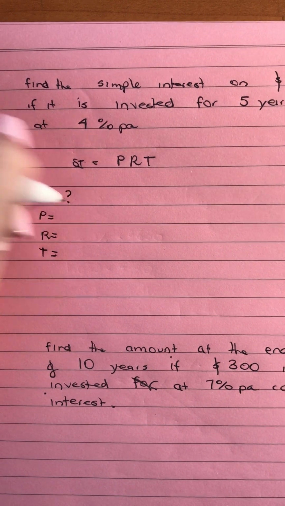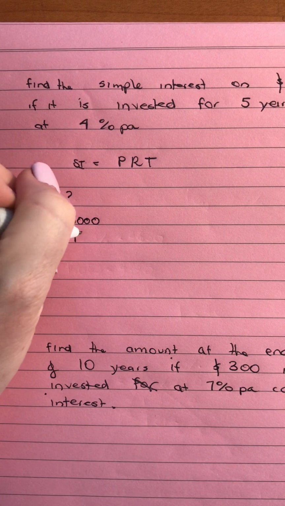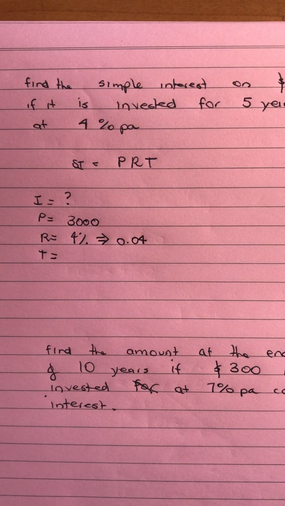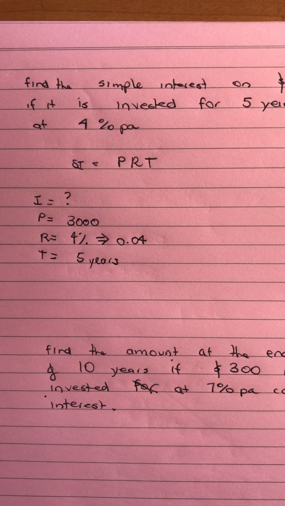So I'm finding my interest, my principal is 3,000, my rate is 4%, so I'm going to change that to 0.04 right up. That's where you'll see some will have over 100 because they'll do the dividing by 100 within the formula rather than at the start like I do. Our time is 5 years. Obviously, if we're given months, we'll convert that to years.